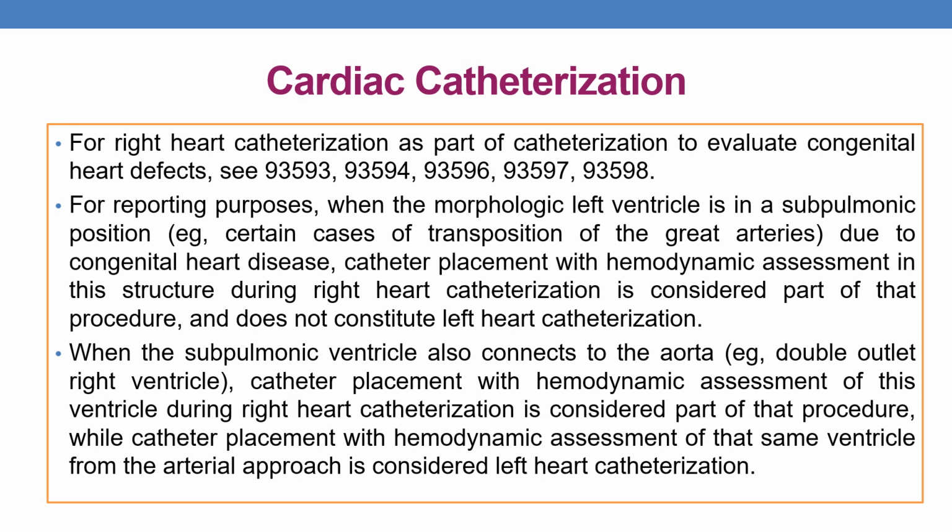Second case, when the subpulmonic ventricle also connects to the aorta. In this case, the catheter placement with hemodynamic assessment of this ventricle, that is the left ventricle, during the right heart catheterization is considered a part of the procedure, while catheter placement with hemodynamic assessment of the same ventricle from the arterial approach is considered a left heart catheterization, especially when the subpulmonic ventricle also connects to the aorta, that is double outlet right ventricle.